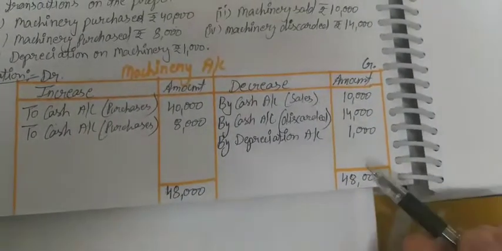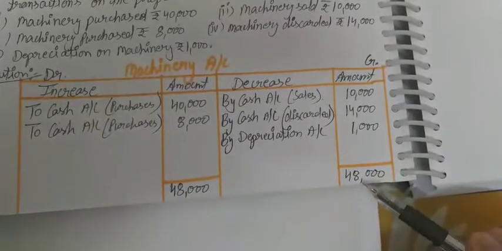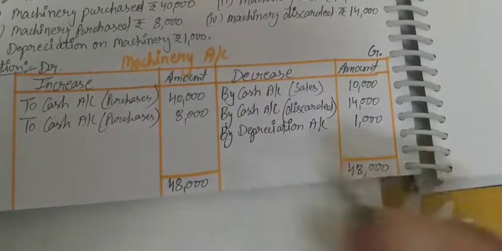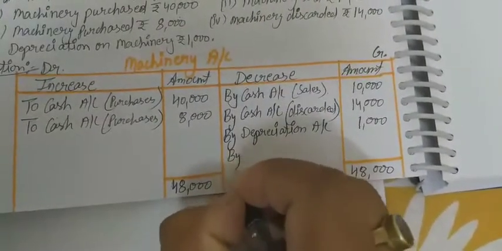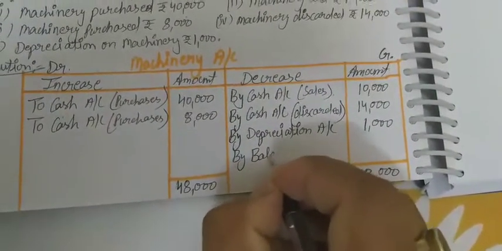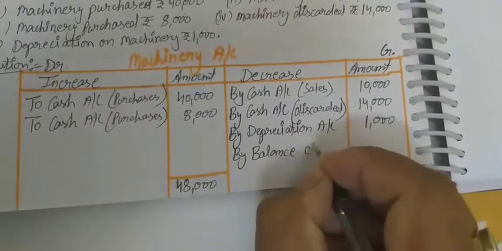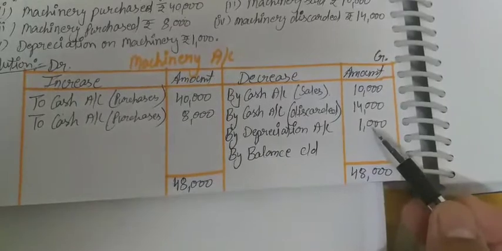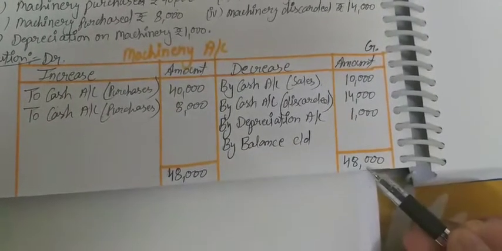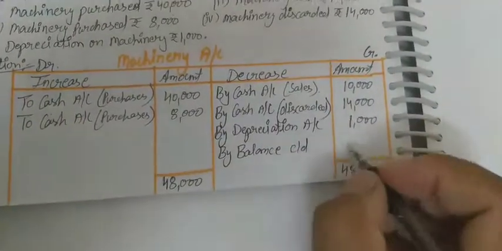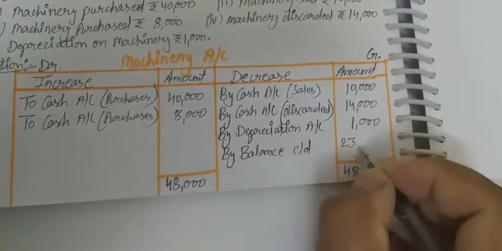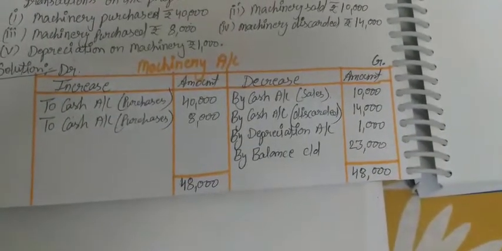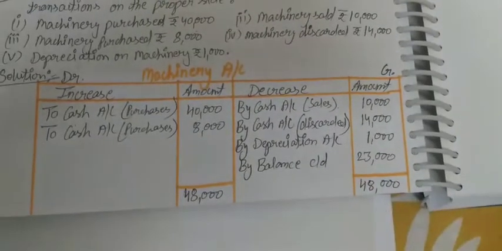And then what balance is left after subtracting these three from 48,000, that is by balance c/d, the total is 25,000. 25,000 is subtracted from 48,000, so then 23,000 will be the balance of this. It is a balancing figure.